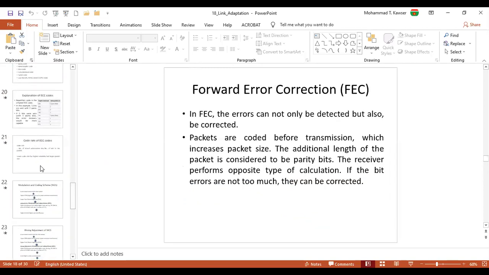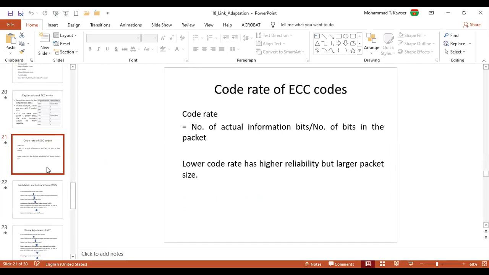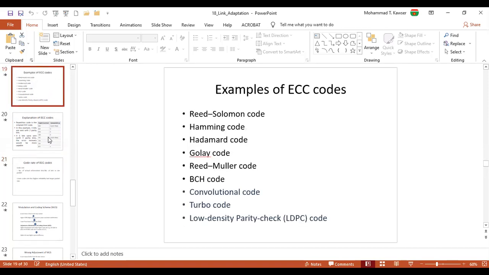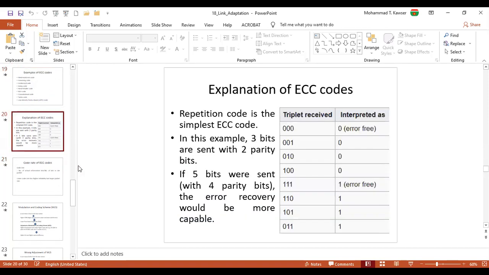Okay, so it is called code rate: the number of actual information bits ratioed with the number of bits you are sending. I mean actual information bits plus parity bits, the total bits you're sending. So in this example, our code rate is 1/3.